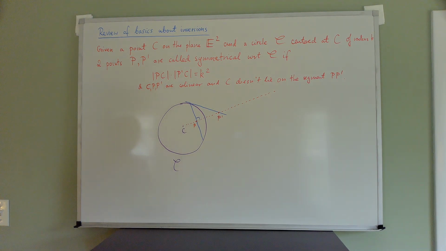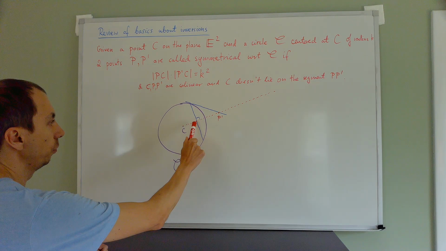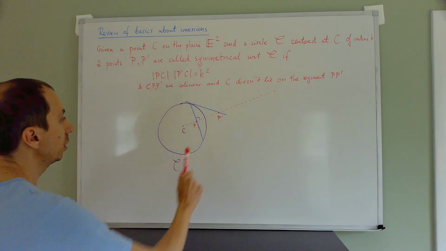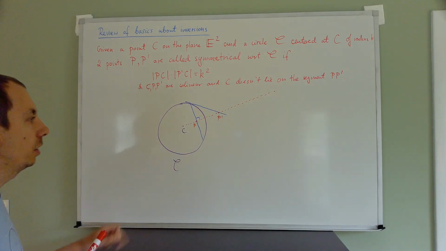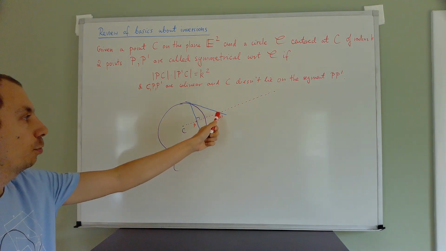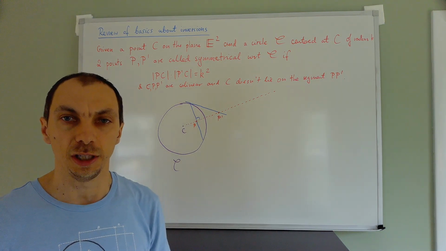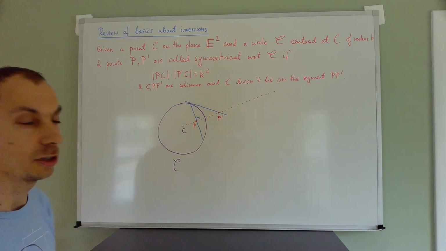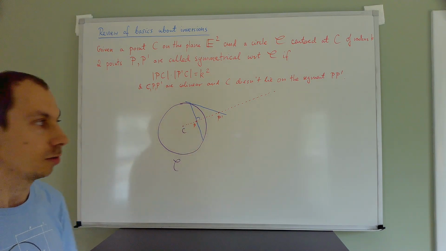However, the upshot is that if I move this point P closer to the center, then because of this equality, the other point moves further away. On the other hand, if I move the point P closer towards the circle, P prime also moves towards the circle. And if P lies on the circle, then it's actually equal to P prime. On the other hand, if P starts life outside of the circle on that ray, then P prime is inside the circle.